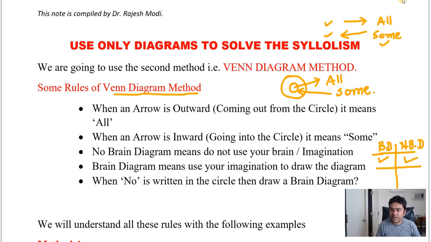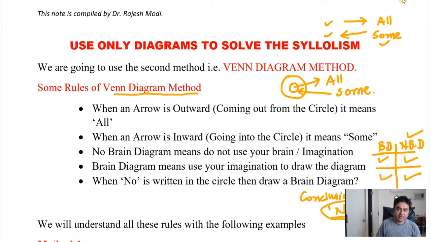In a conclusion, if there is a negative statement, like no is written into it, or a negative connotation is given, then you have to use both the brain diagram and the non-brain diagram. But if there is nothing negative in the conclusion, then you use only the non-brain diagram.